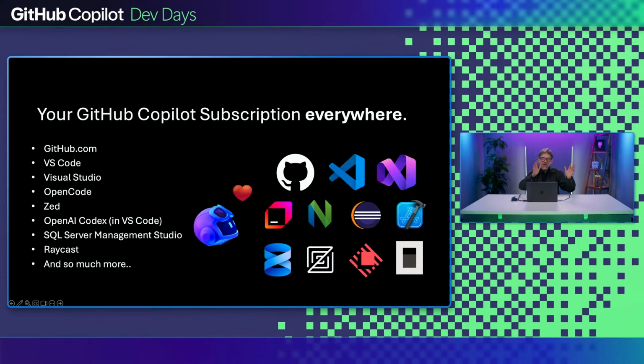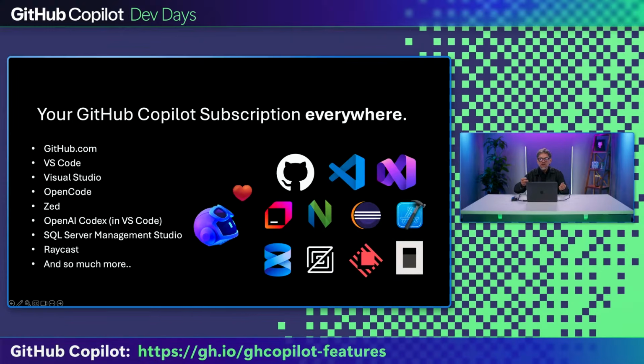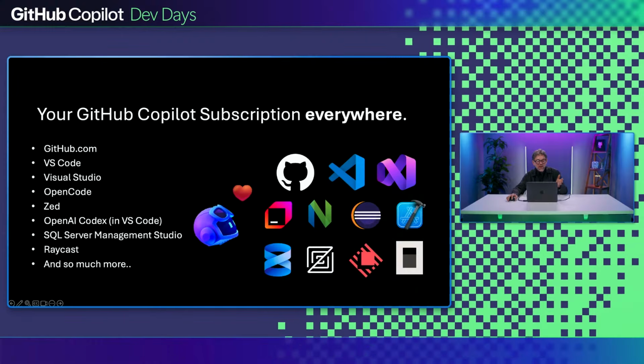Right, so we showed it working in GitHub.com, we showed it on the CLI, we showed it in VS Code. It's the same subscription. You don't have to subscribe to different ones. It's just going to work everywhere. And even things that you would think of as normal IDEs, SQL Server Management Studio, and Raycast as well, they work in too.